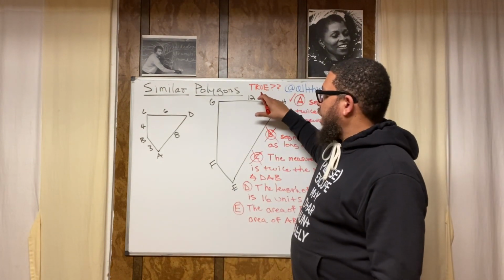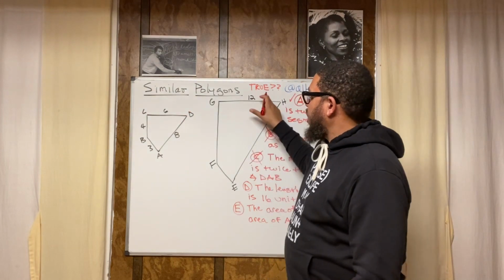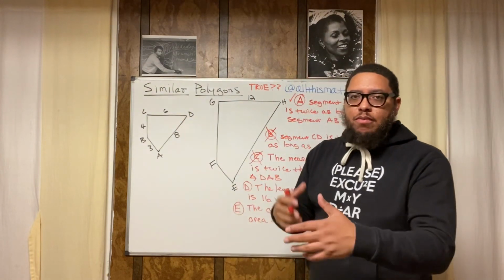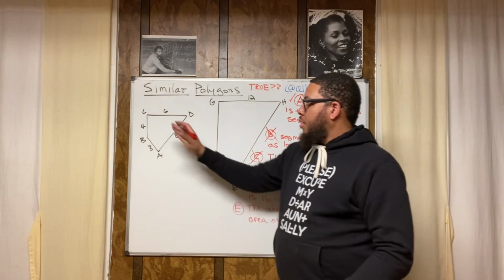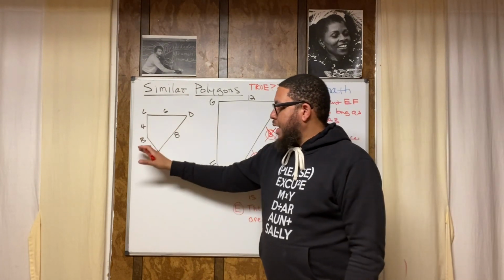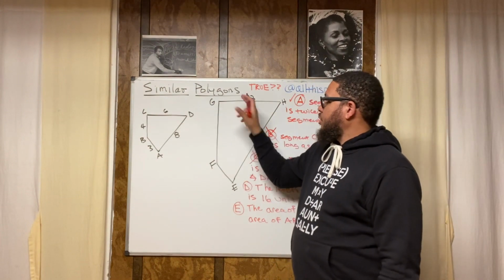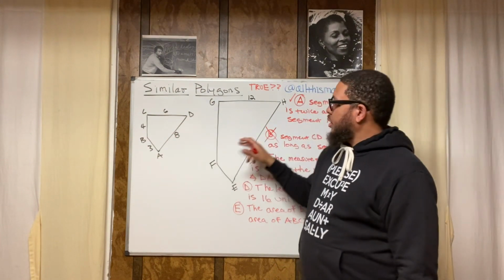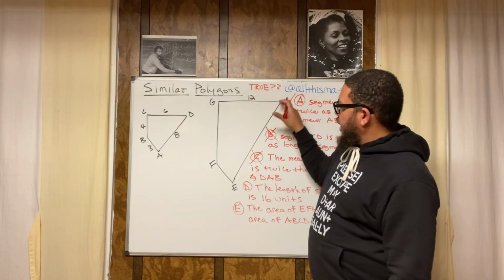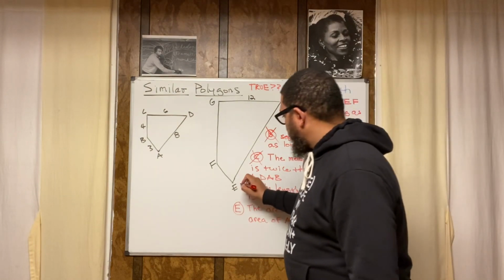Because we knew that this side was 12 and this side was 6, and 12 is double of 6. And the same relationship is going to be maintained through every pair of corresponding sides. So if 6 times 2 gives me 12, then 8 times 2 is going to give me 16. So EH is 16. So that's true, 16 units.